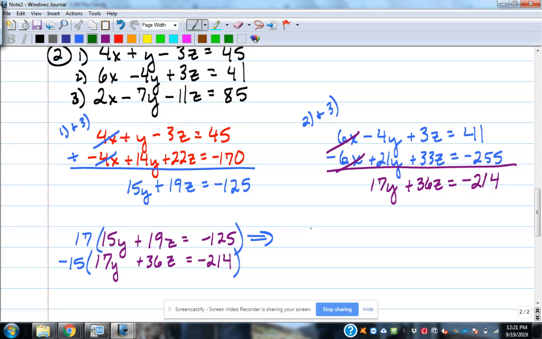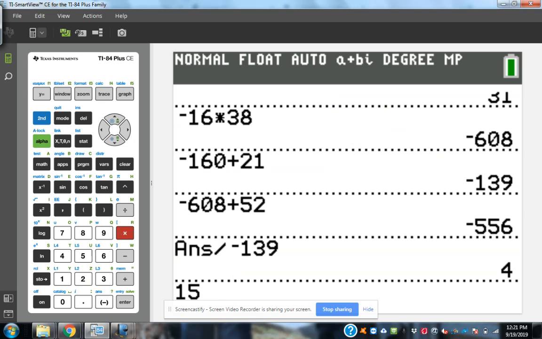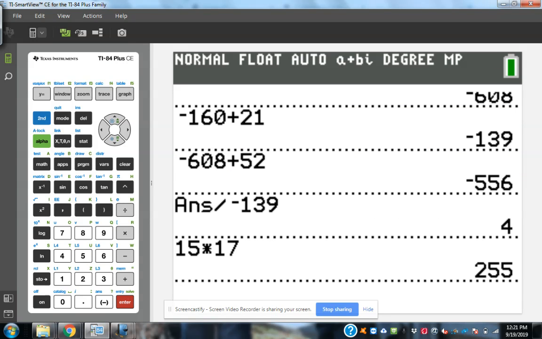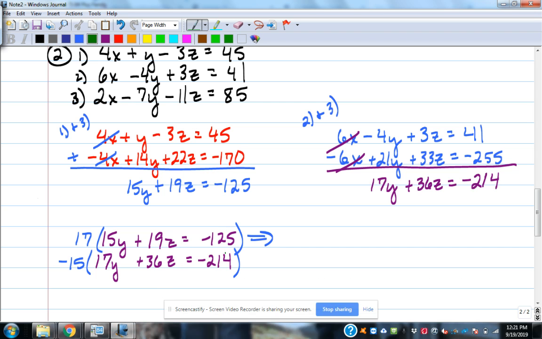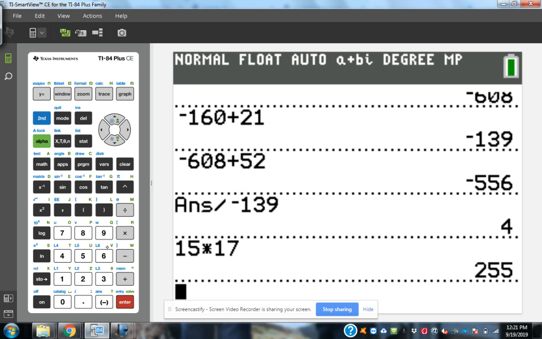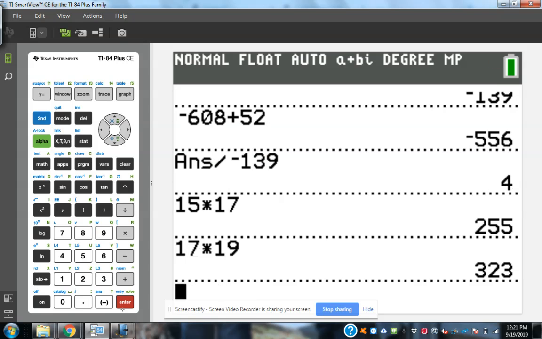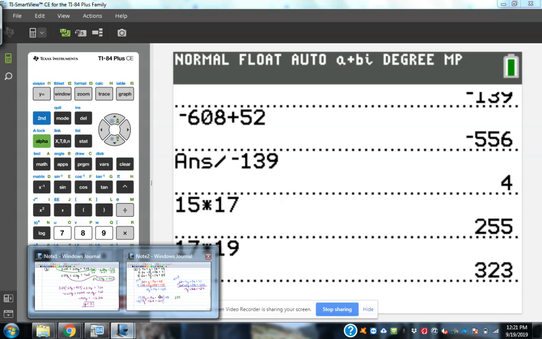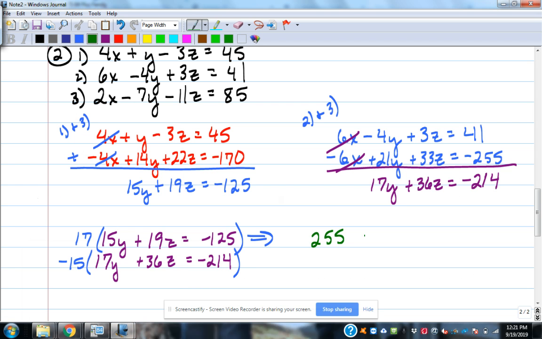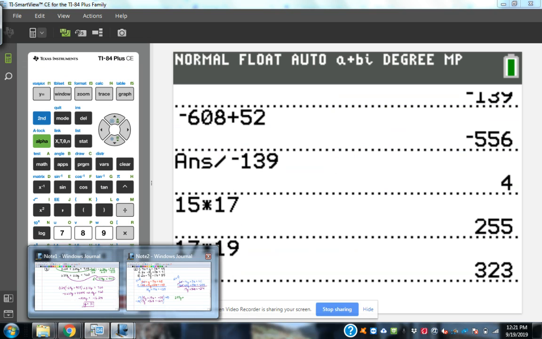And that's going to give me some numbers there. So 15 times 17, 255. 17 times 19. 255y plus 323z.